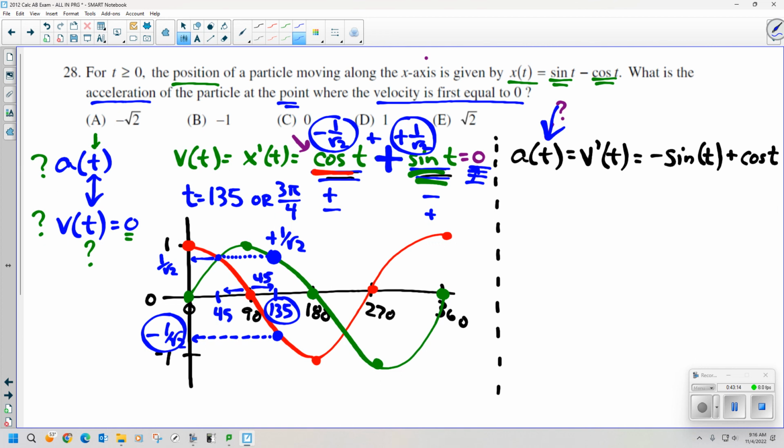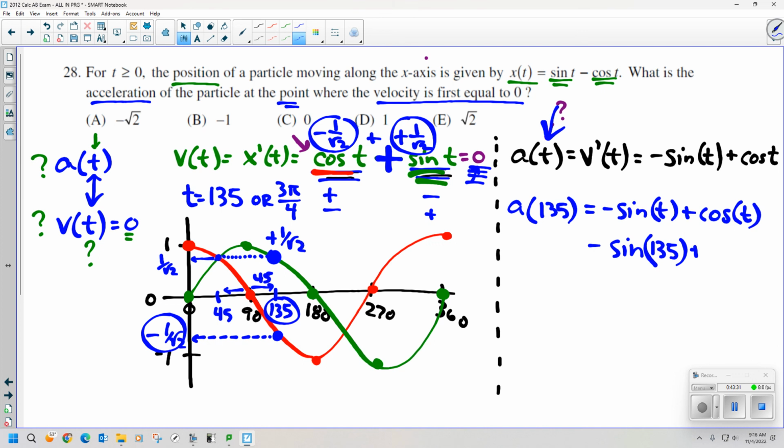So a of 135 is negative sine of t plus cosine of t. So it's negative sine of 135, which we just did, plus cosine of 135. The sine of 135 is right here.